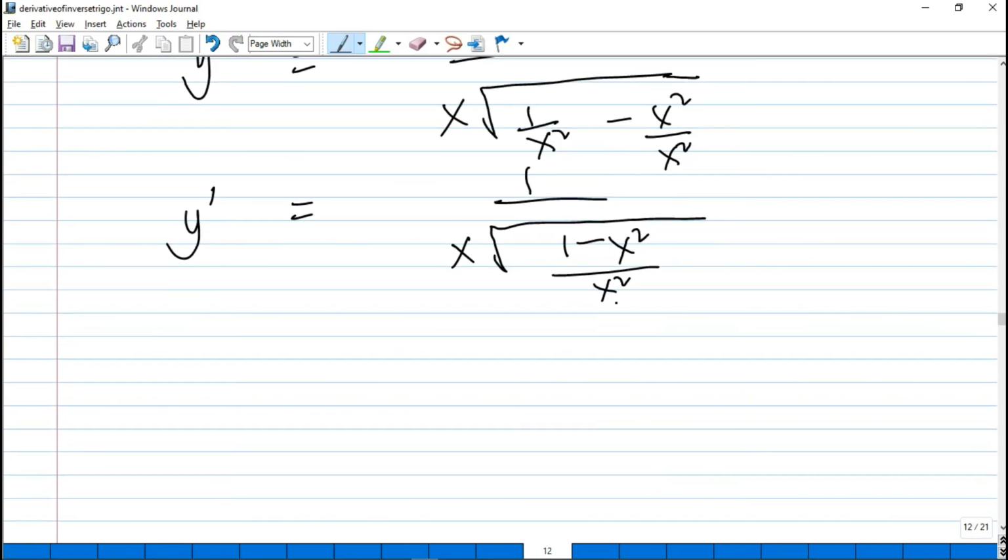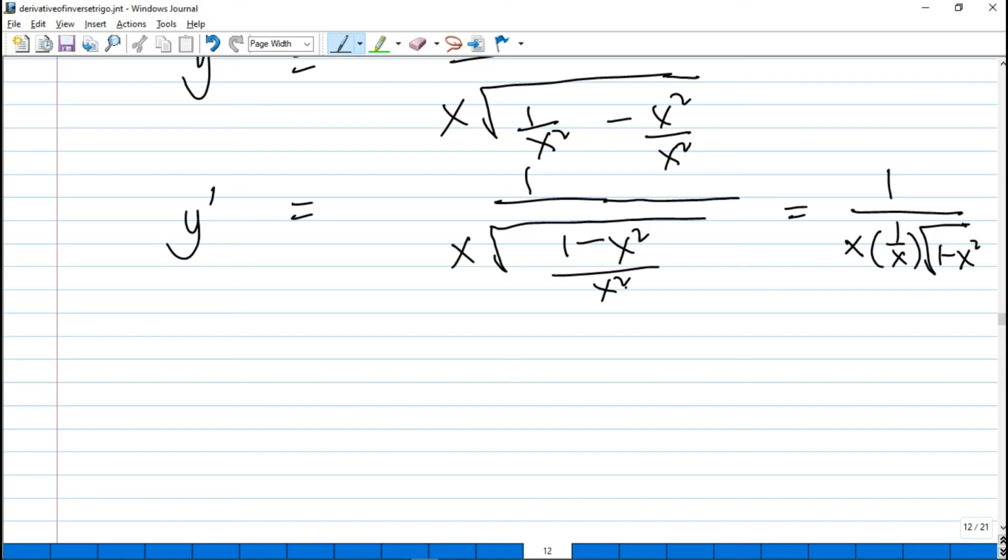Then itong x squared, square root niya is x. So this can actually be brought outside of this radical sign. So this is just equal to 1 all over x. So square root of 1 over x squared is 1 over x. So this is times square root of 1 minus x squared.